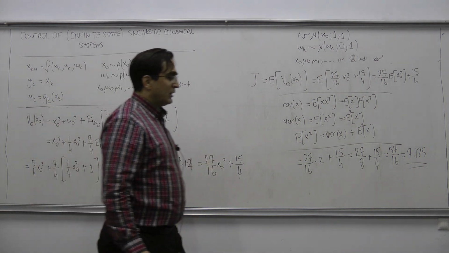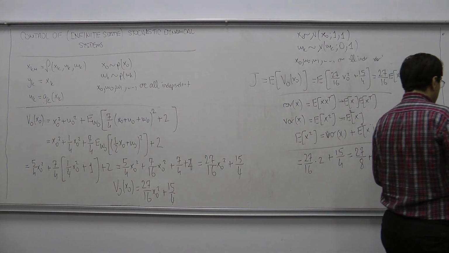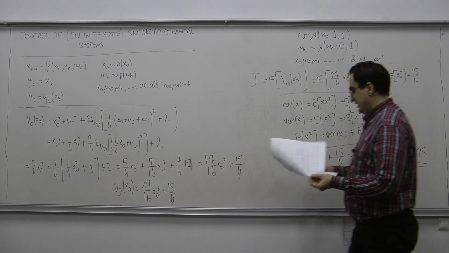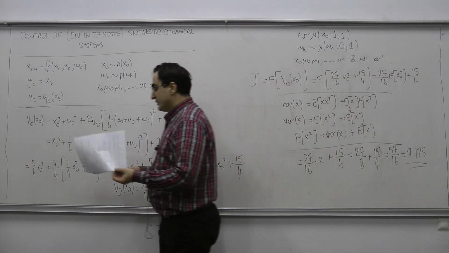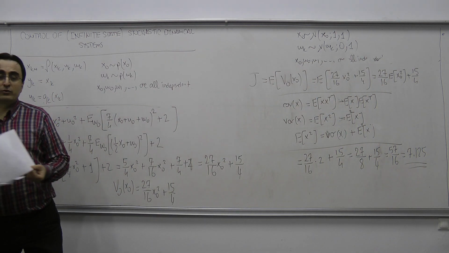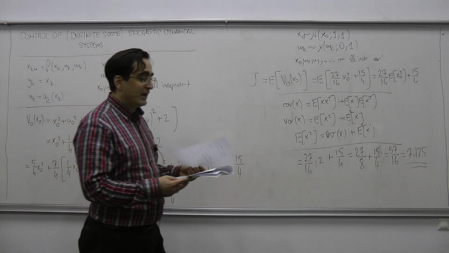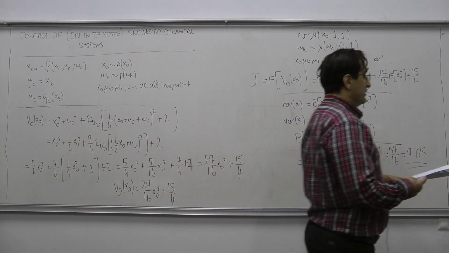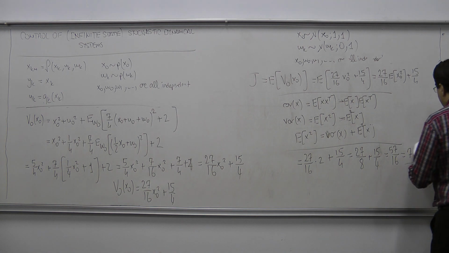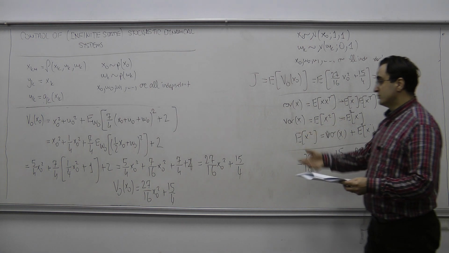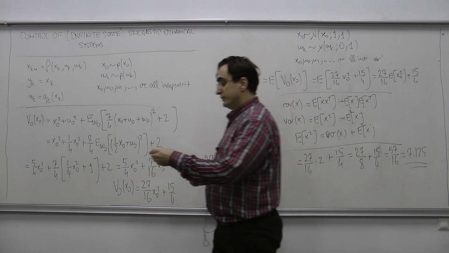So remember, I solved this example which involved a linear system and a quadratic cost function. You need to try yourself as an exercise, try to consider nonlinear systems and also non-quadratic cost functions.